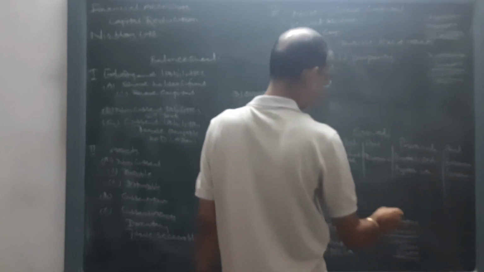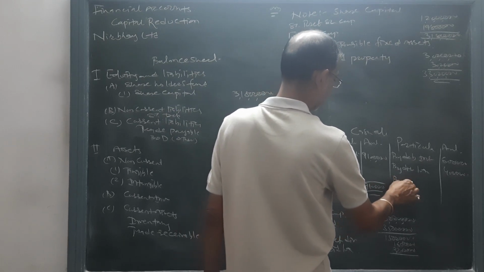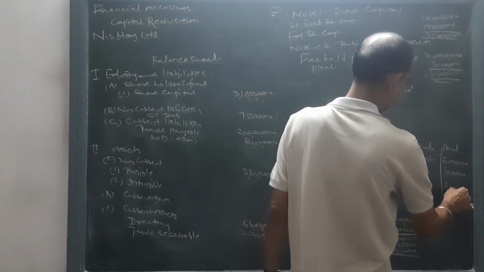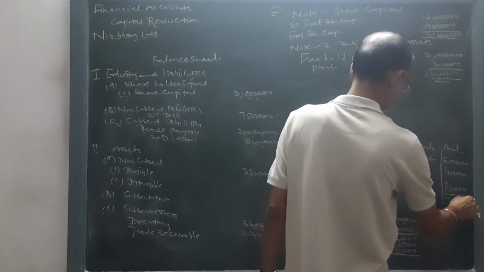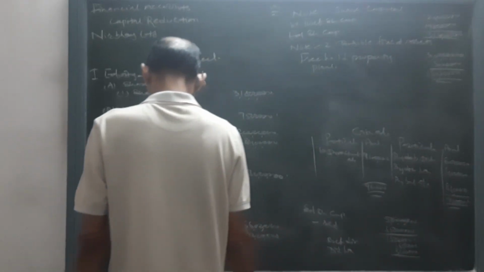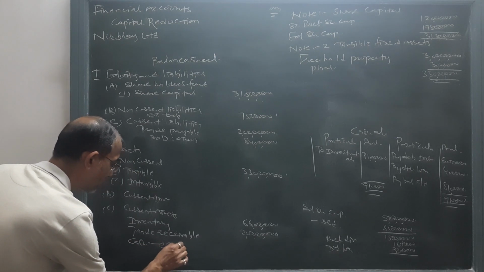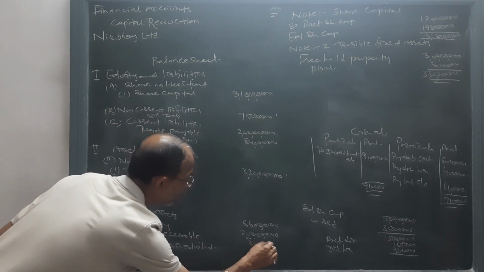So 6 and 4, 10. Balance will be 81 lakh. Cash and cash equivalent.